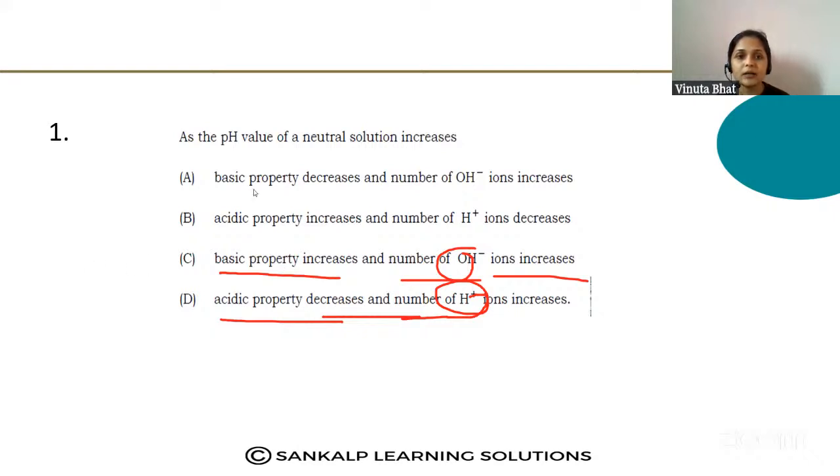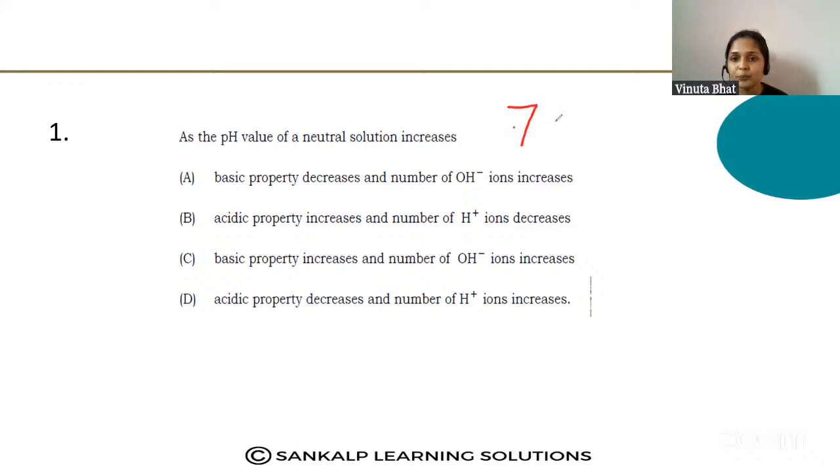Here, the pH of a neutral solution is 7. When it is an acidic solution, the pH is less than 7, that may be 6, 5, 4, 3, 2, 1.